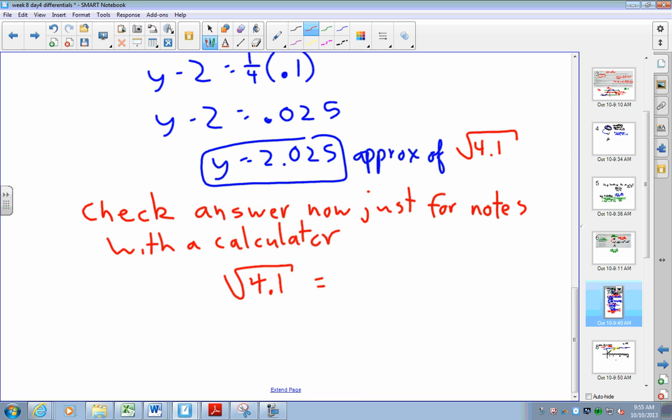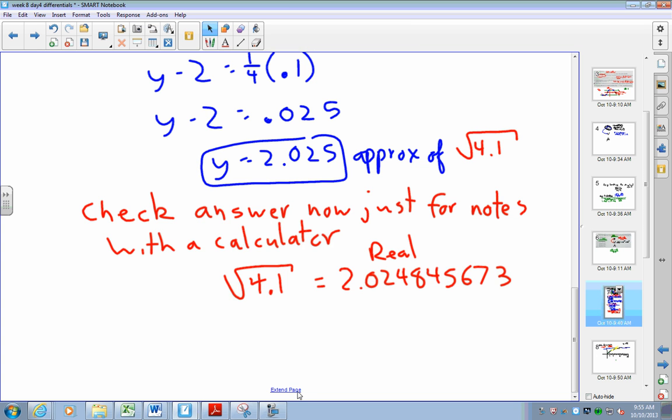Use a calculator. 2.0248. Okay, without a calculator, I could not have got that. With the calculator, yeah, you can get the exact answer. But this is the real, and this is my approximate. You guys okay with that?